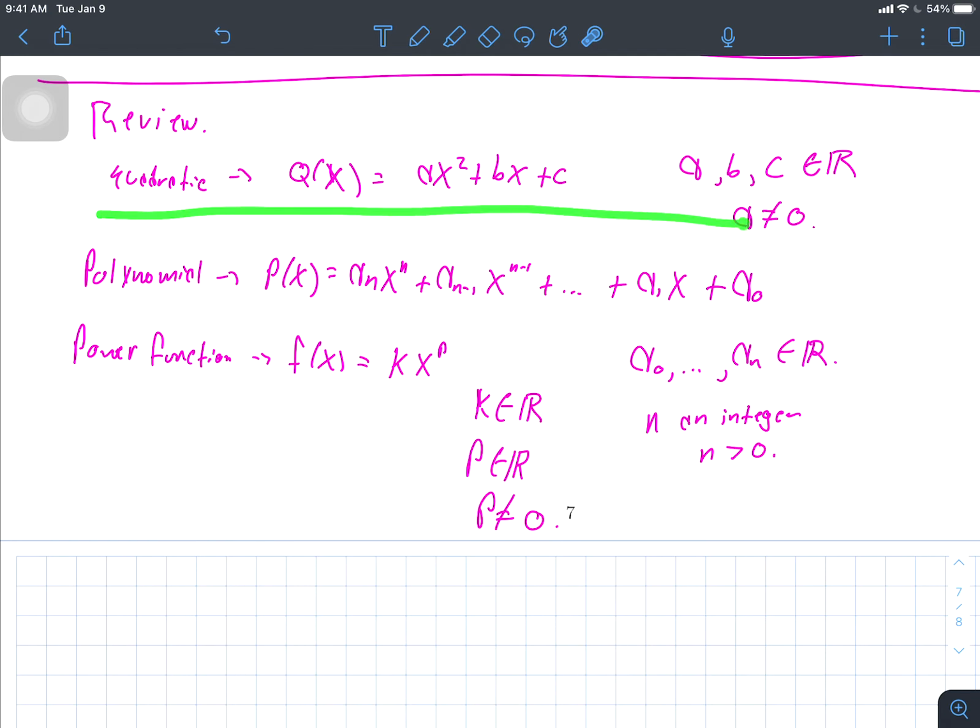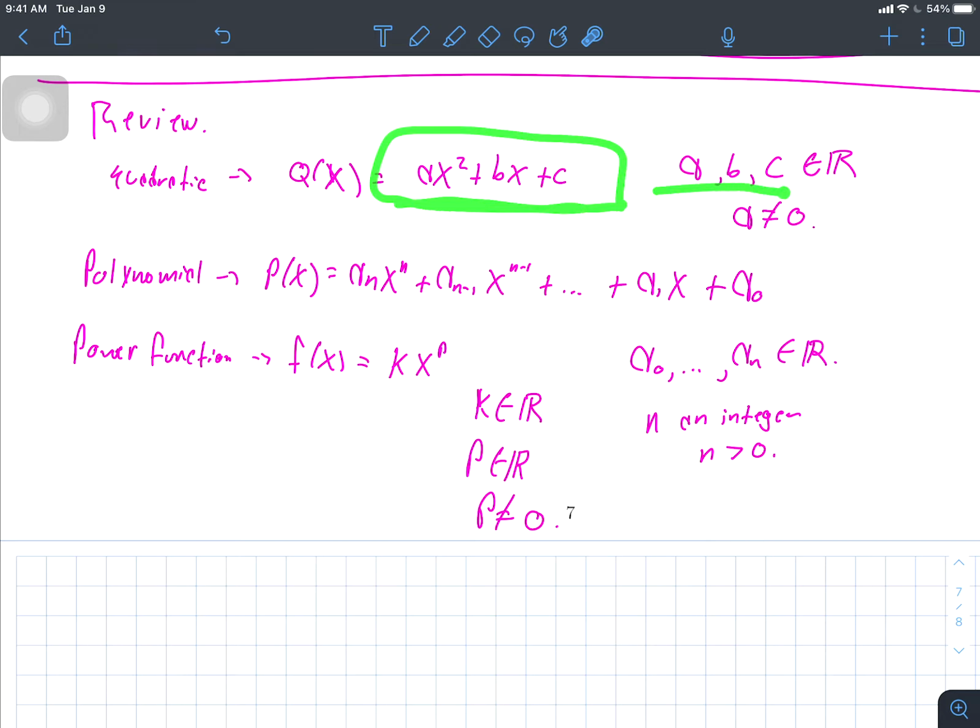Quadratics are just functions that have the form ax squared plus bx plus c, where a, b, and c are numbers, and specifically a is not 0. The number a should not be 0, because otherwise this would be a linear function.